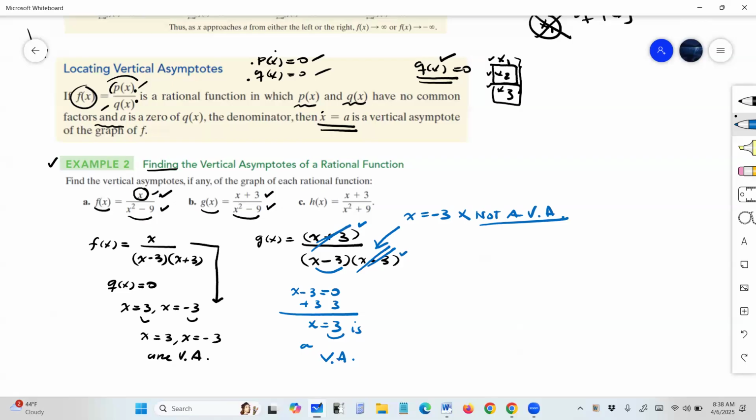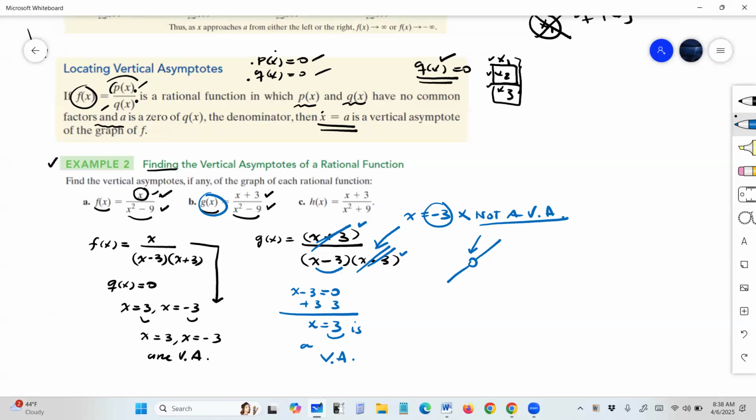However, when we are to graph this g of x, at x equals -3, there's going to be a hole in the graph. It's not an asymptote. The function will not have a vertical dashed line, but there's going to be a hole here because at -3, the function is not defined, right?